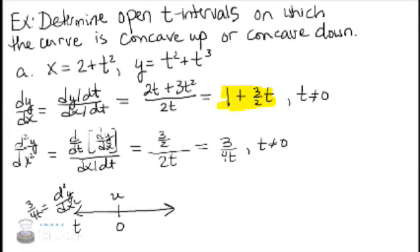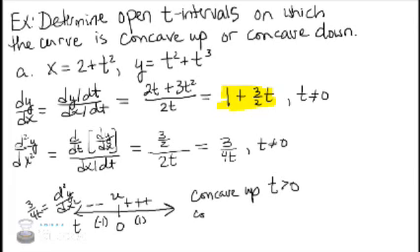If we plug in a negative number to our second derivative, 3 over 4t, that's going to be negative. And if we plug in a positive, we'll get a positive. So we can conclude that we are concave up when t is greater than 0, and we're concave down when t is less than 0.